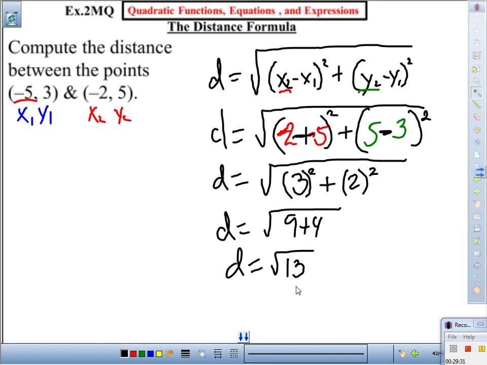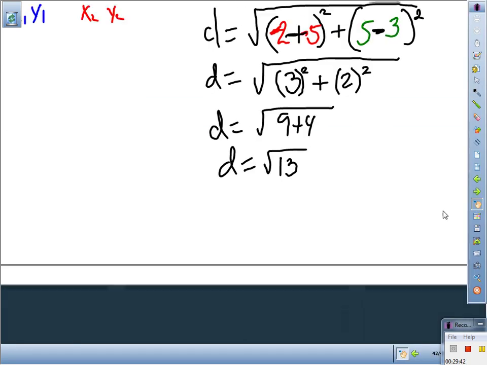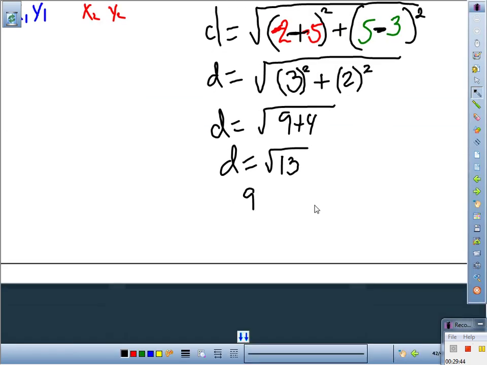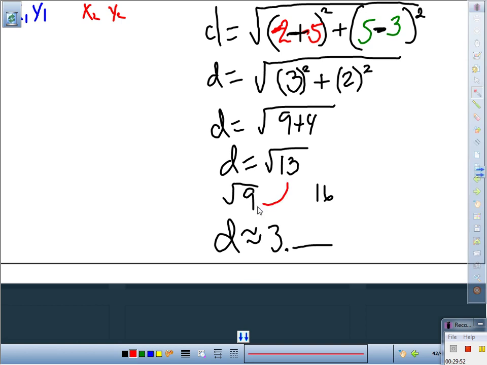You're like, wait a minute, Mr. Q. I know. Round to the nearest tenth. Between what two numbers do we find that? 9 and 16. That means D is going to be approximately 3 point something. So let's see. What is 13 minus 9? 4.